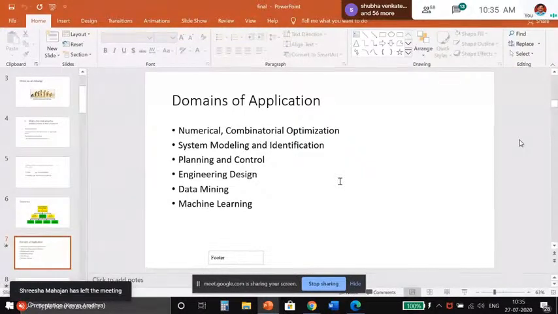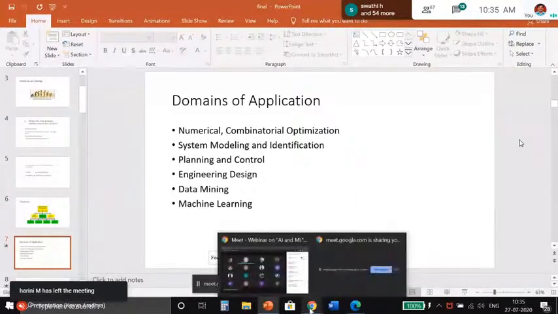Yes. Your slides are not visible, ma'am. Not visible. Okay. Can you see domains of application? No, ma'am. But why is that?